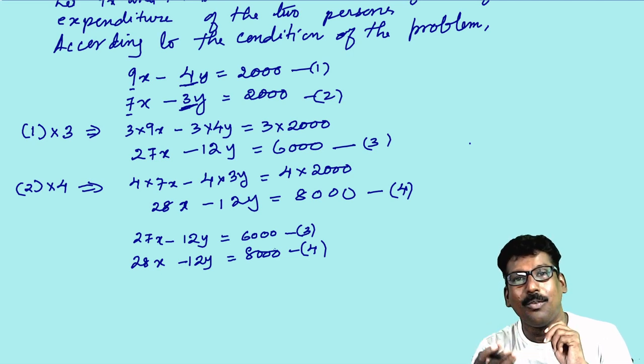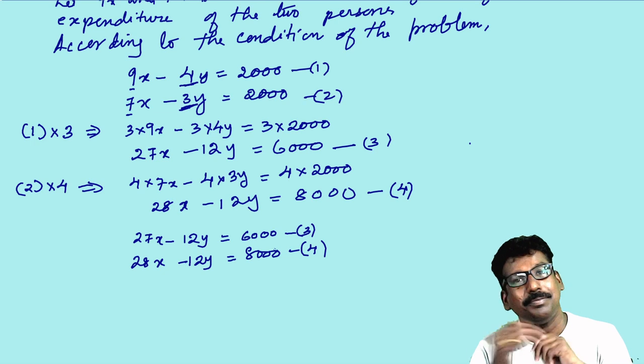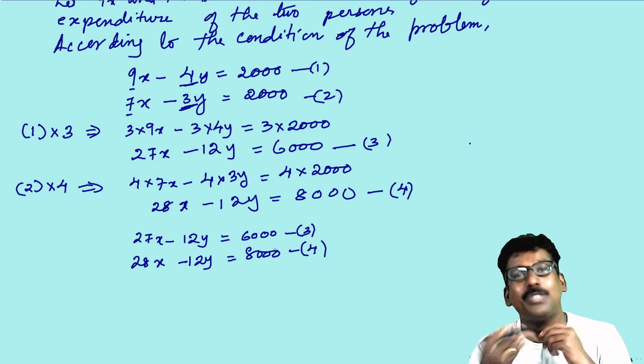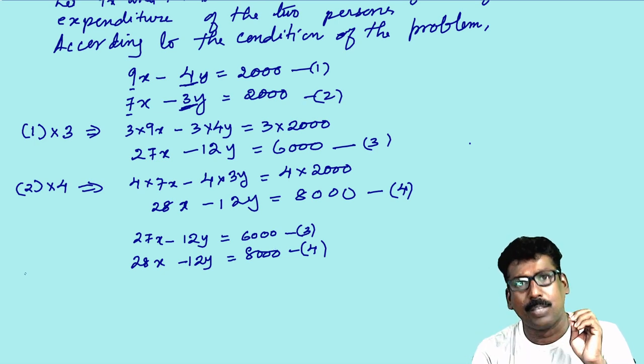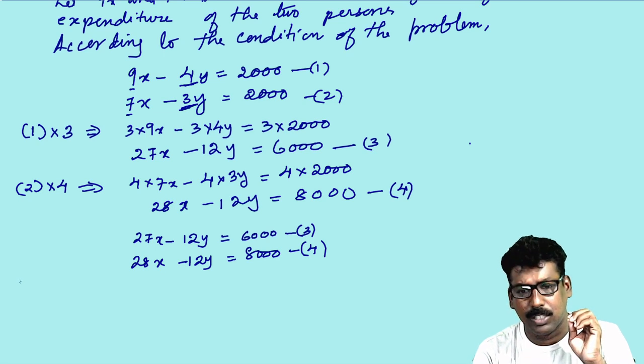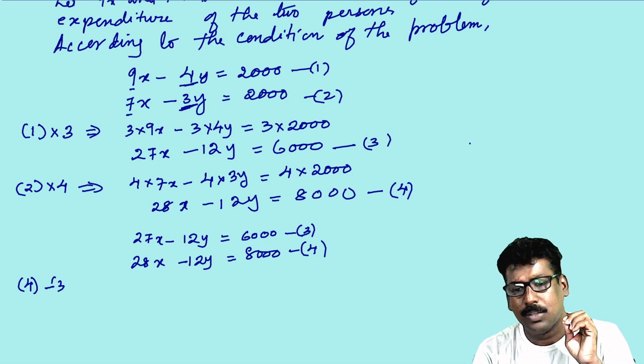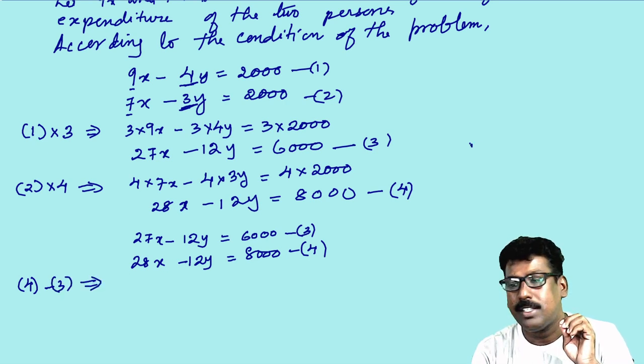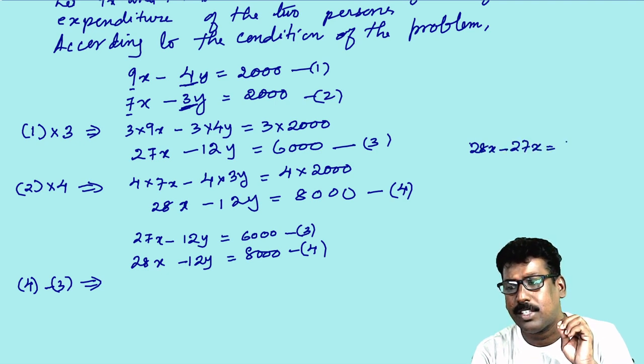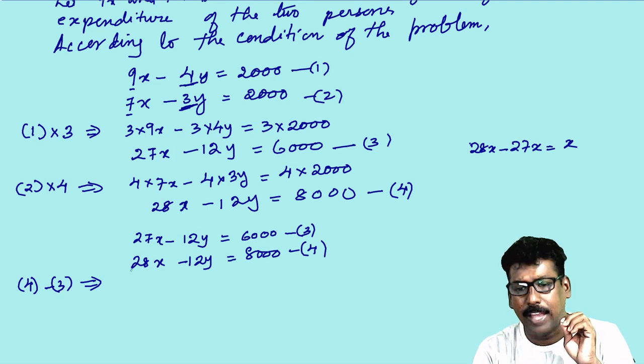Now look at the term containing y. Both are same. Now you subtract. Better you subtract equation 3 from equation 4. That you can write as equation 4 minus equation 3 implies: first term 28x minus 27x, that is 1x, that is x.